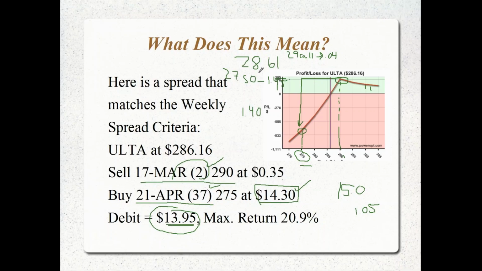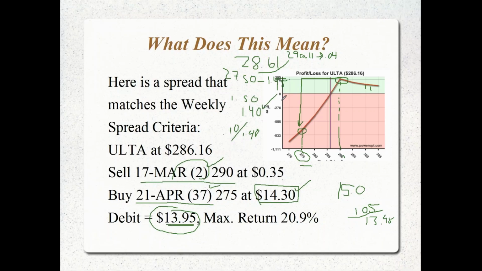And we've got a 27.50 and a 29, so the value between is 1.50. Okay, so if the stock gaps up and I'm assigned early, I make 10 cents against $1.40. Okay, very similar to making the 105 against a debit of $13.95. You know, we're pretty close. Percentage-wise, it would be about the same. So what's the advantage?